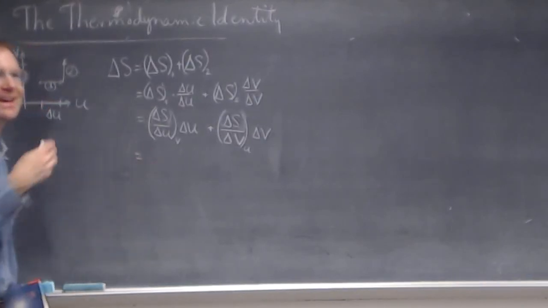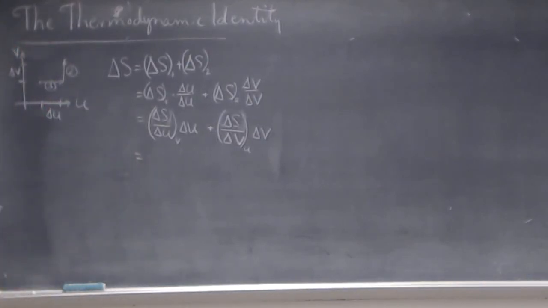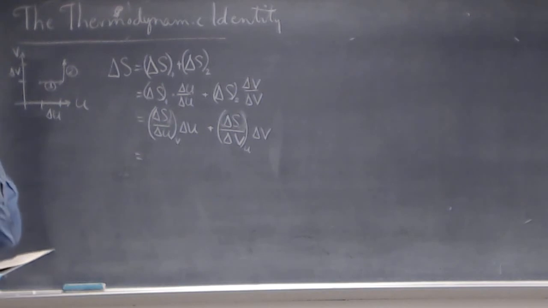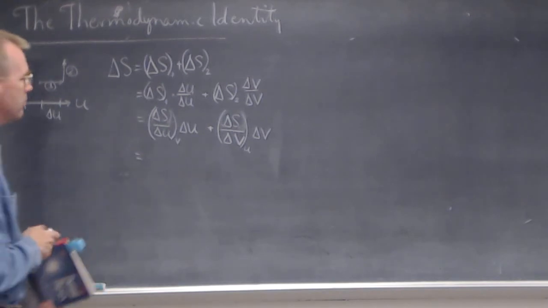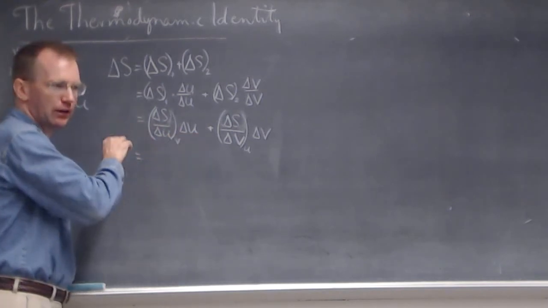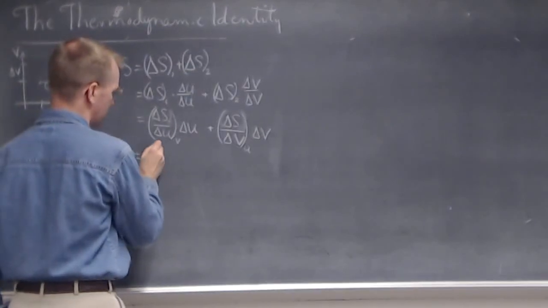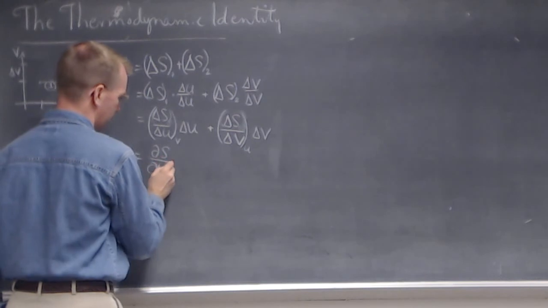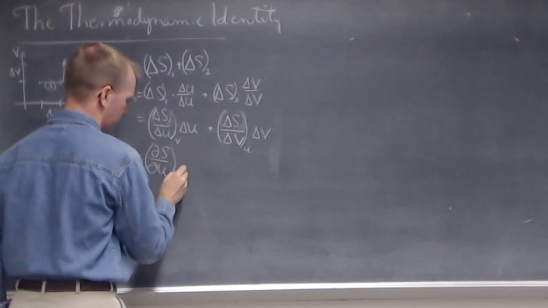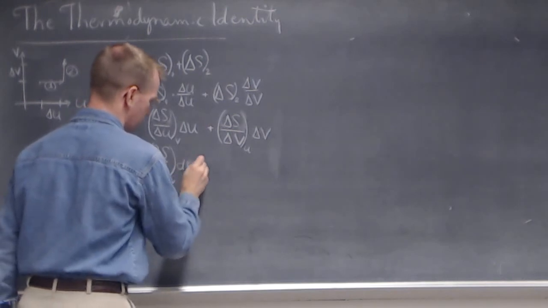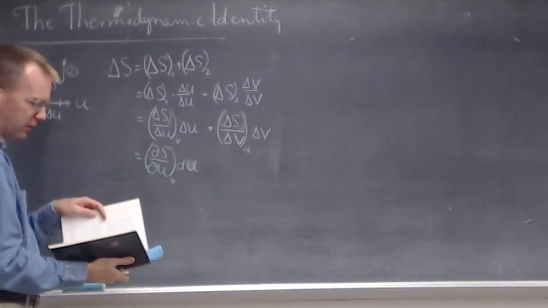Now, for infinitesimal changes, for very small changes, I can turn these differences into infinitesimal changes. So now I have derivatives, and because I'm only taking derivative with respect to one thing at a time, it's a partial derivative. Make sure I've done that correctly. Yes.